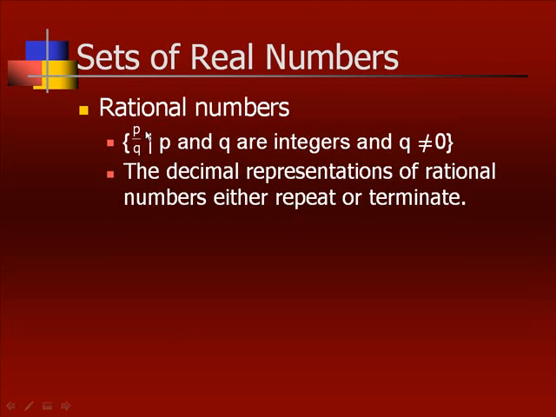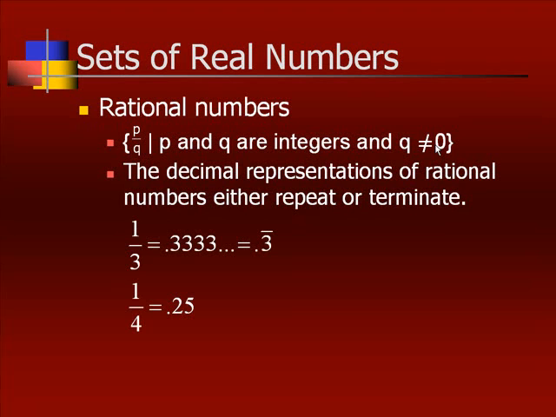The top number has to be an integer, the bottom number has to be an integer, and the denominator cannot be 0. If you have decimal form, the decimal representations of rational numbers either repeat or terminate.